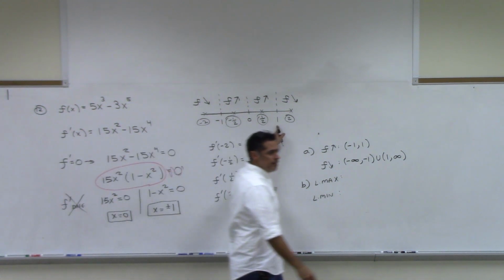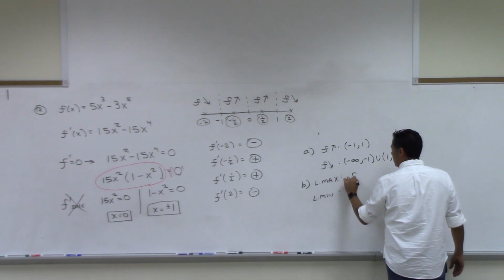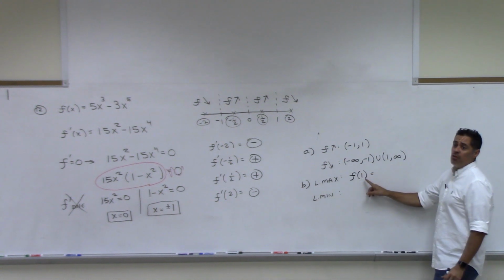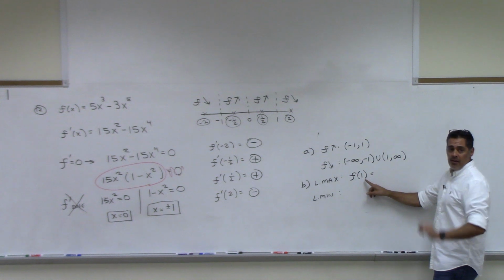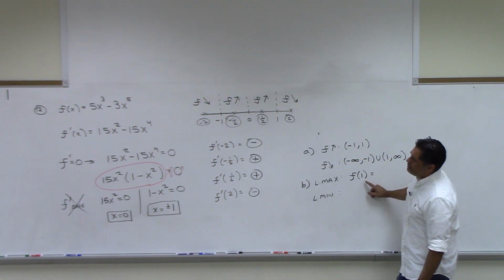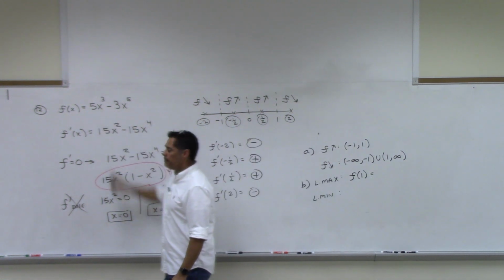At 1, right? So the way I'm going to figure out what the local max is, I'm going to take 1 and plug it into the original function. And that'll give me the y value, which is the local maximum. And if you plug 1 into the original function, you should get 2, right?